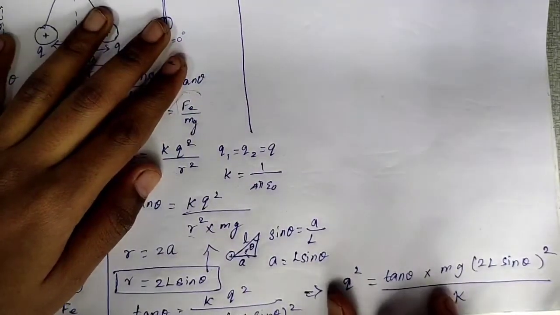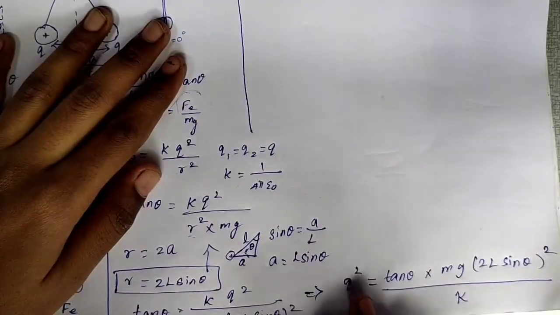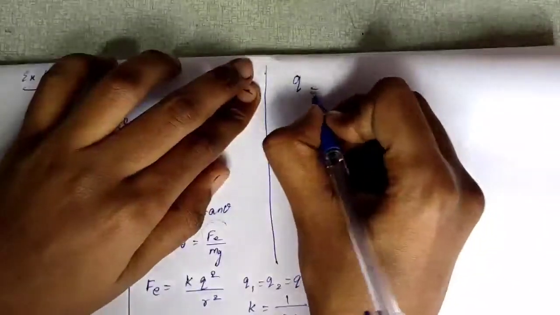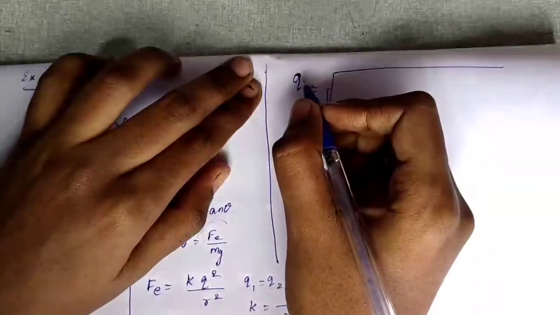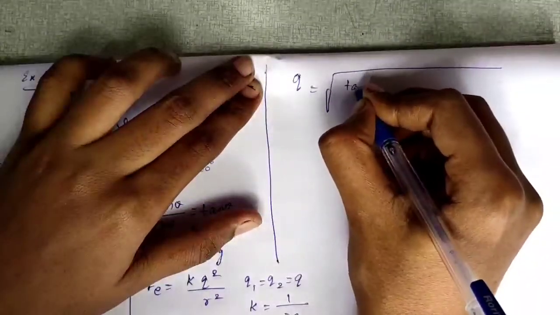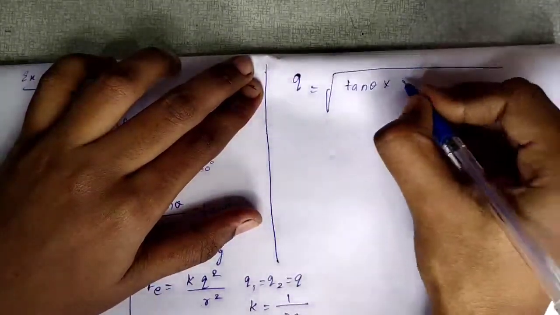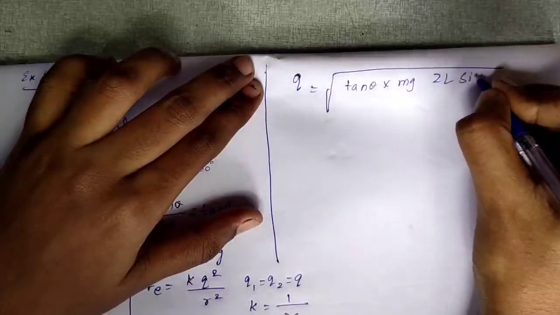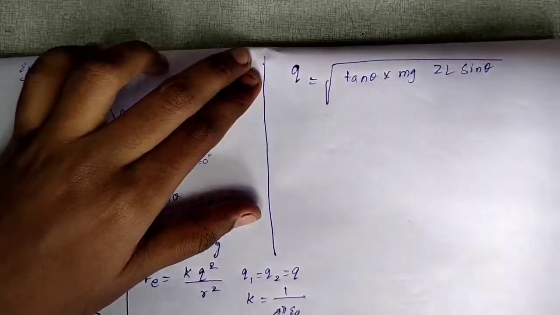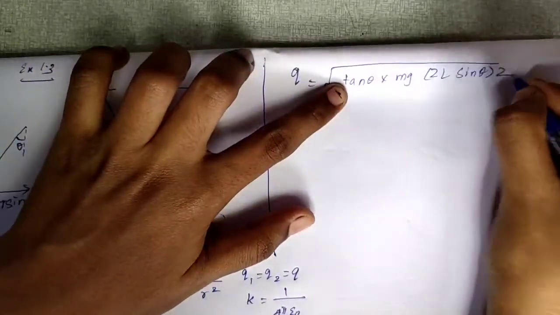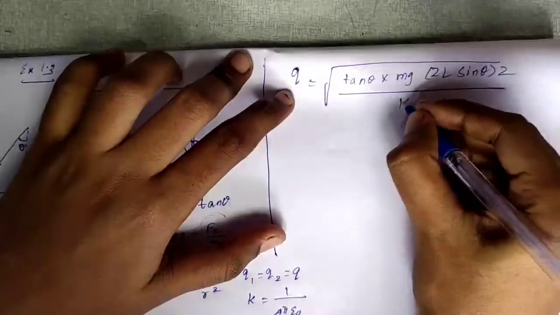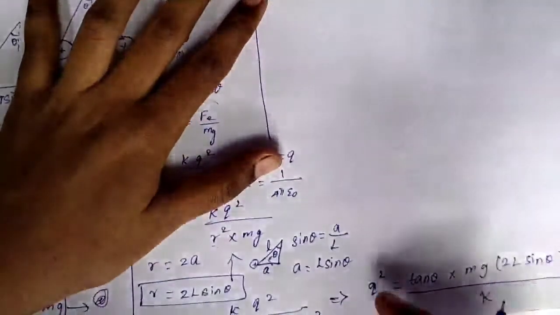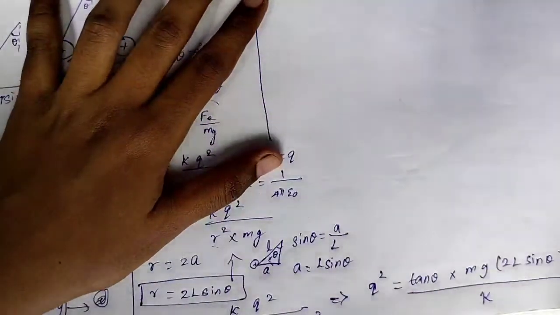I want Q, so taking the square root, Q is equal to square root of tan theta into mg into 2L sin theta whole square by K. I'm just simply taking the square root.